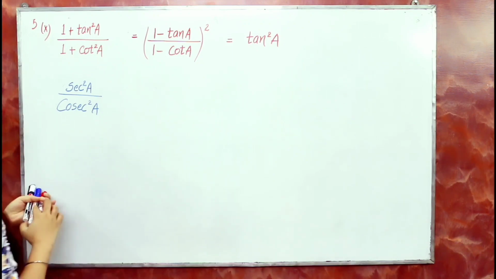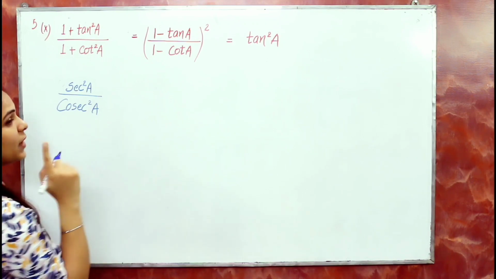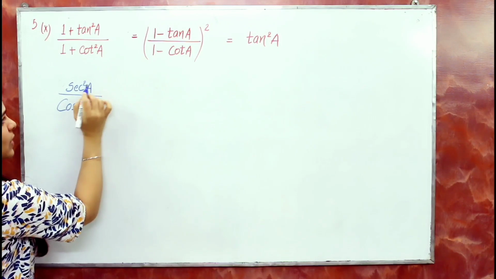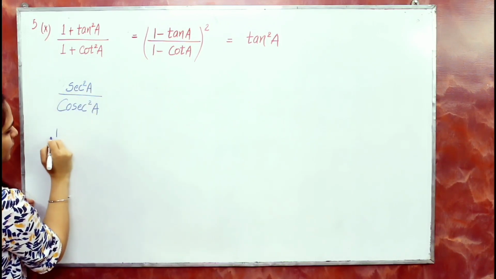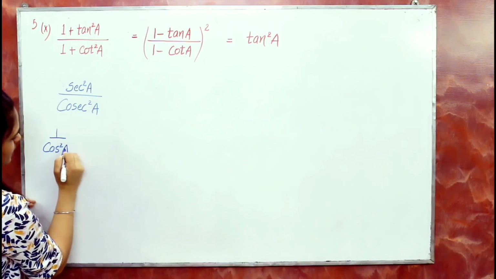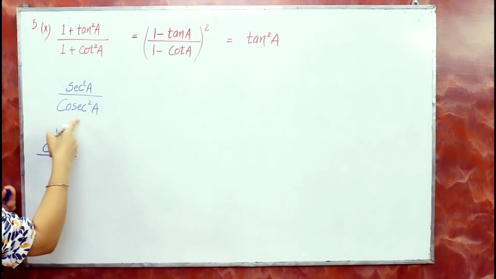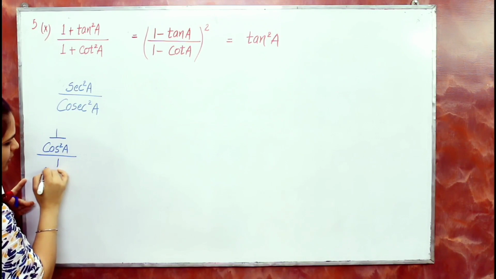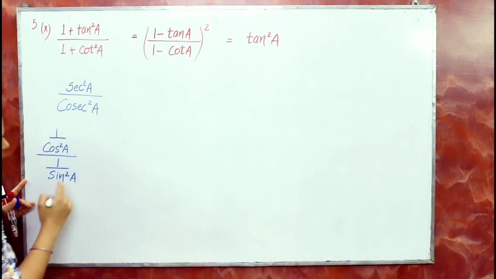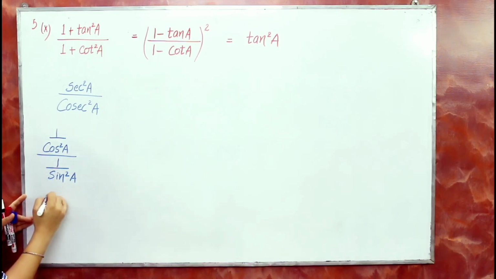As you know, secant square A is equals to 1 upon cos square A by using reciprocal relationship. So I'll write sec square A as 1 upon cos square A. Whereas the reciprocal of cosec is sine, so we can write it as 1 upon sine square A.